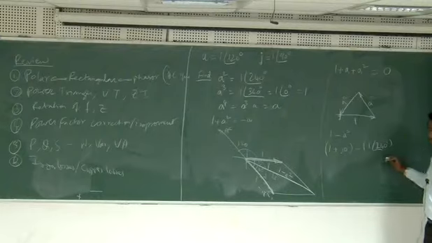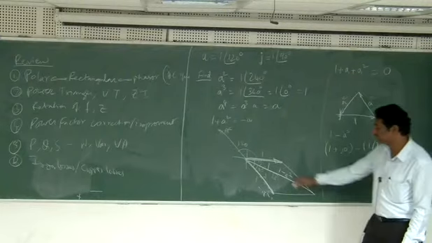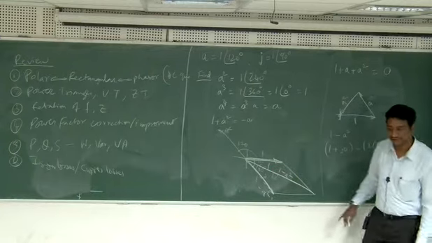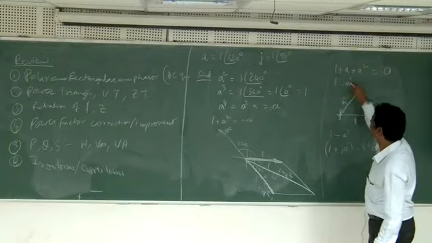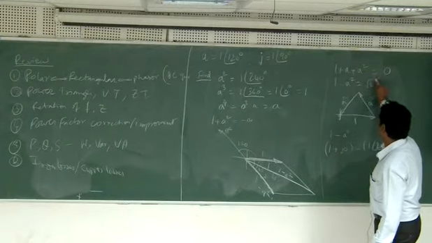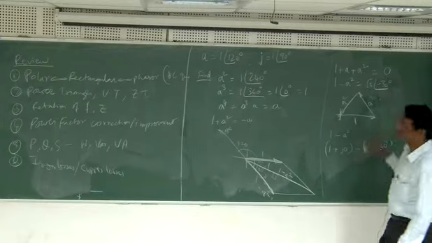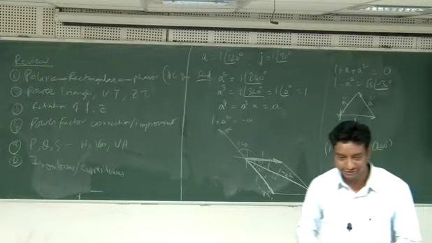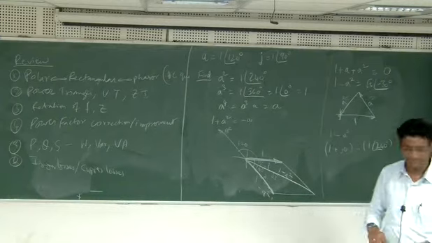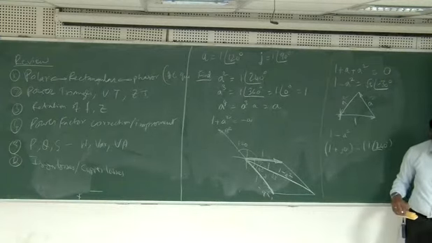Convert into rectangular and add the real components. You will find that the length will be root 3 units and the angle will be minus 30. So I will write 1 minus A square equal to root 3 angle minus 30 degrees. This will be useful when you go for 3-phase circuits. Right now don't worry about it, it is just an observation.